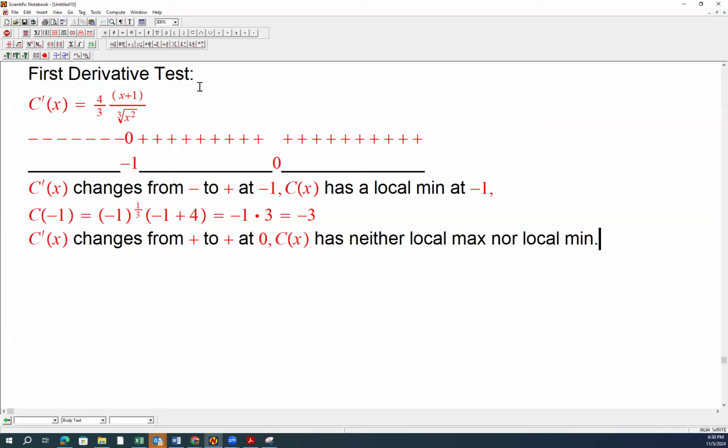It has neither. We can do the graph to verify that.